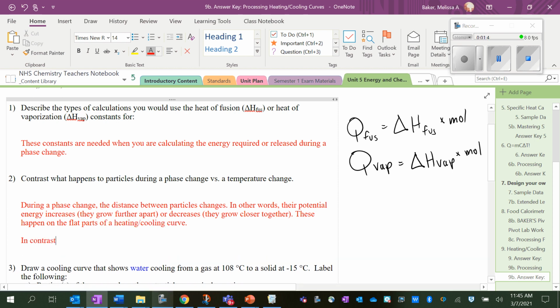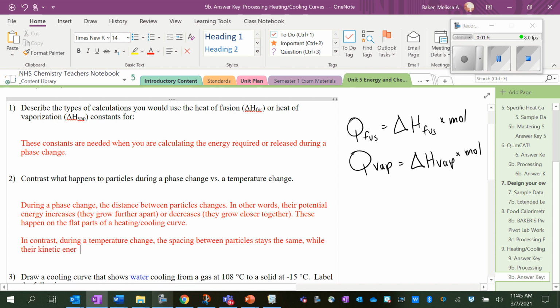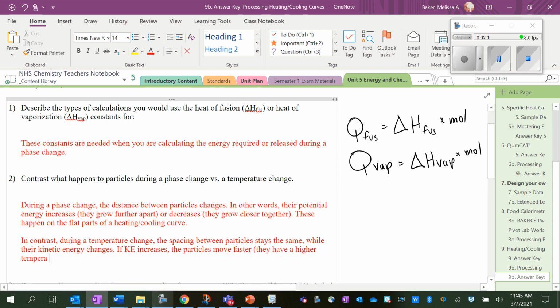In contrast, during a temperature change, the spacing between particles stays the same, while their kinetic energy changes. If kinetic energy increases, the particles move faster, they have a higher temperature, while the particles move slower and have a lower temperature when KE, kinetic energy, decreases.